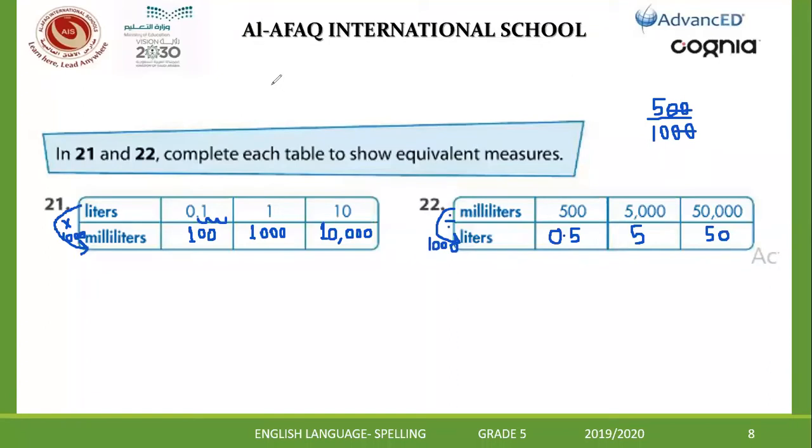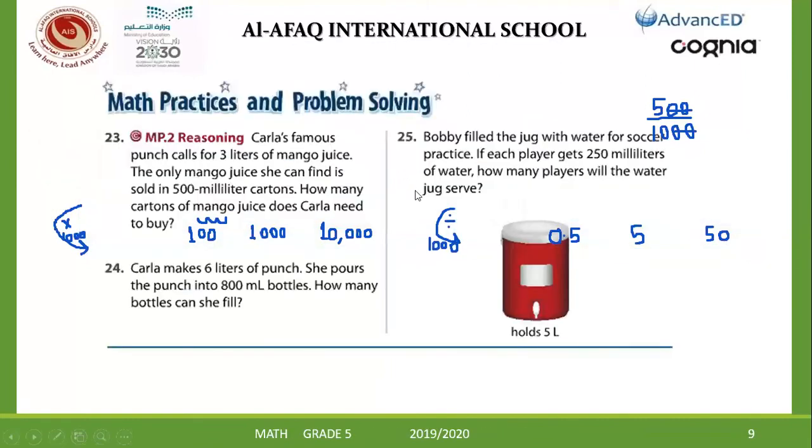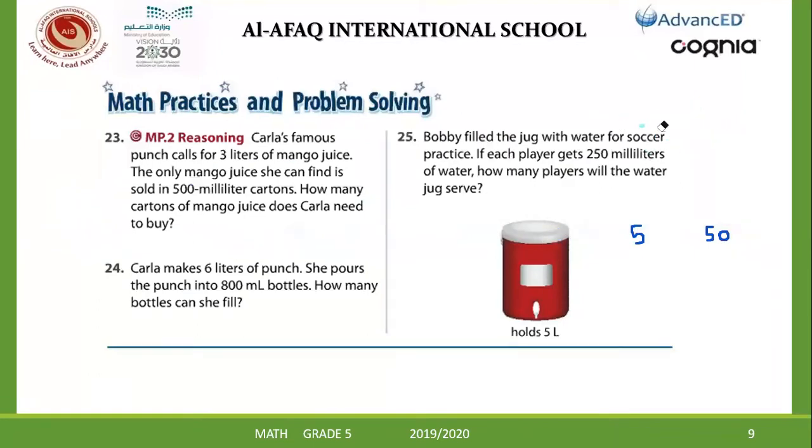As I promised Sama, I let her solve number 23, the first one in the problem solving. Start reading number 23. Carla's famous punch calls for 3 liters of mango juice.